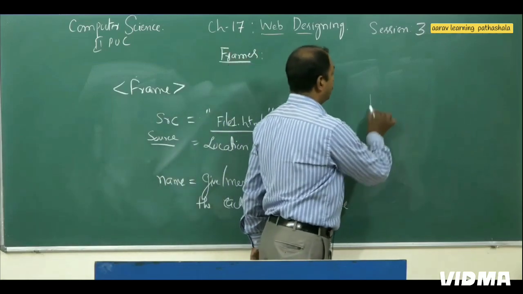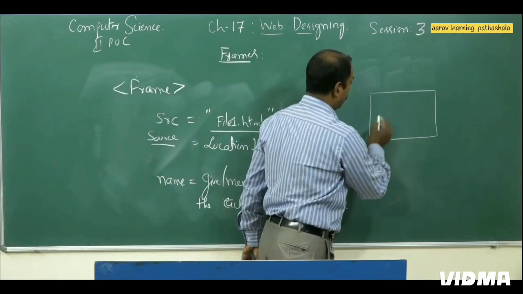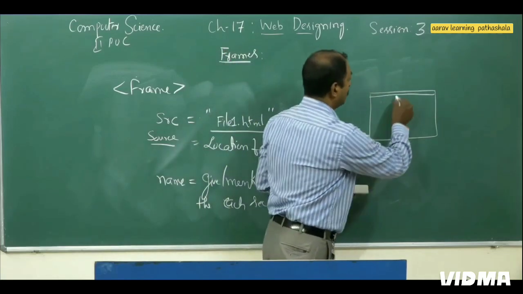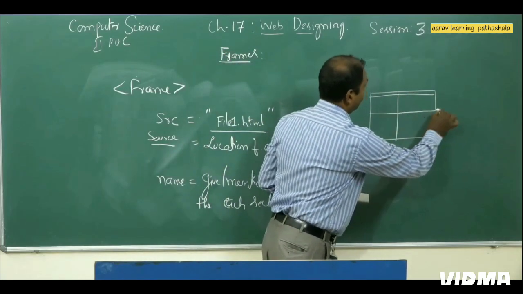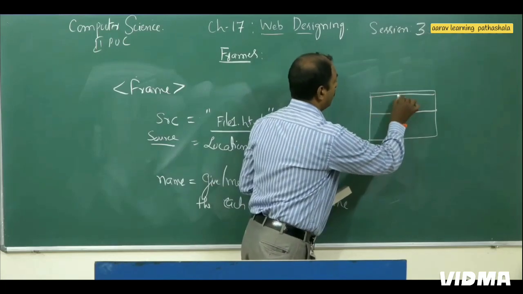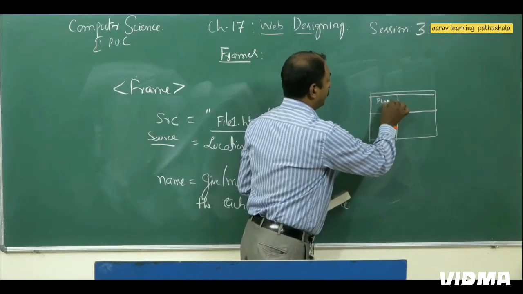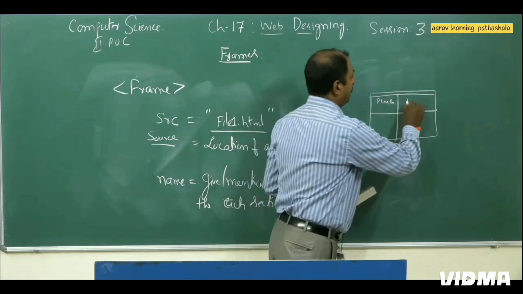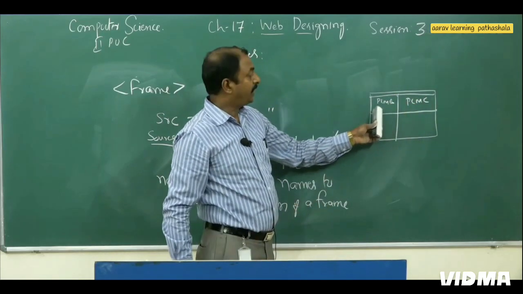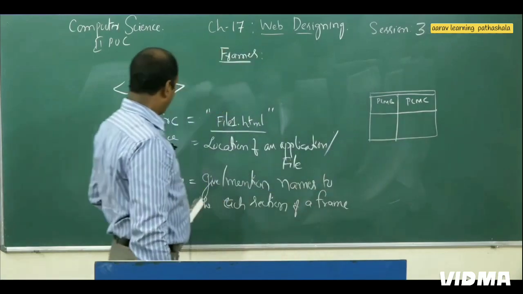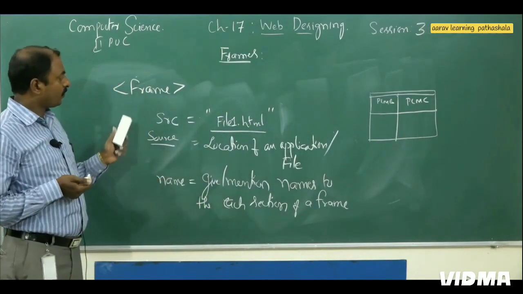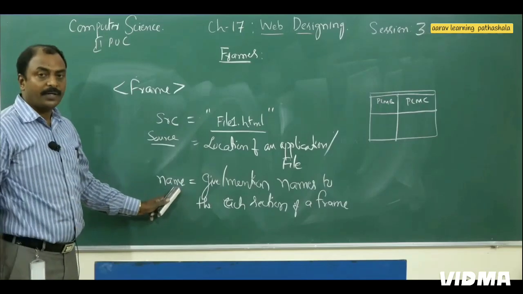Suppose this is a web browser window, and I have divided it into 2 rows and 2 columns. I can give a name to this one frame. I can write here PCMB, this is the name, PCMC. Similarly, I can name the individual sections with the help of the name attribute. So this is one more attribute, the name attribute.